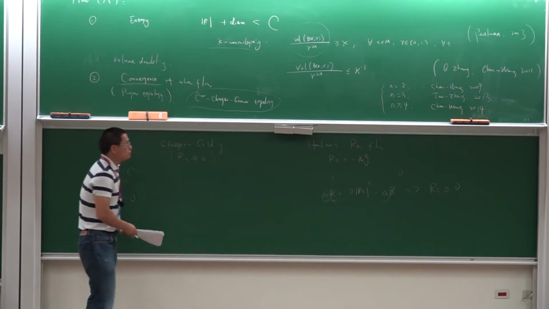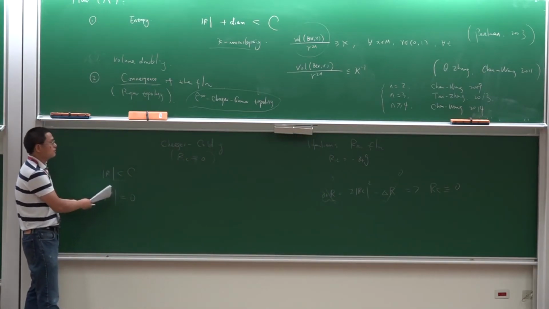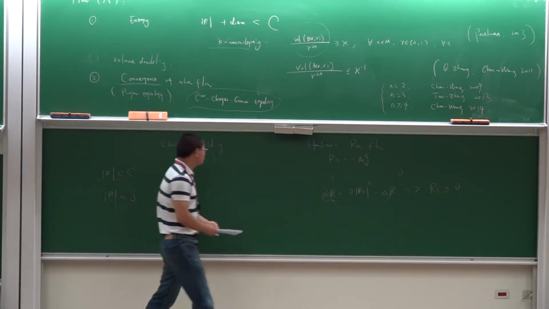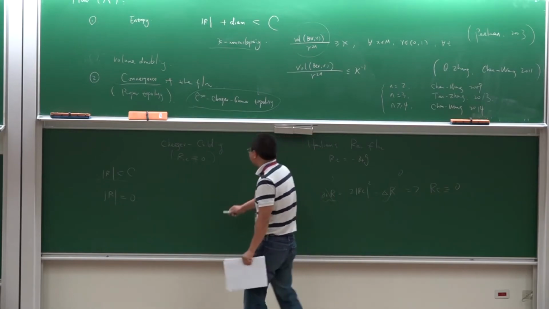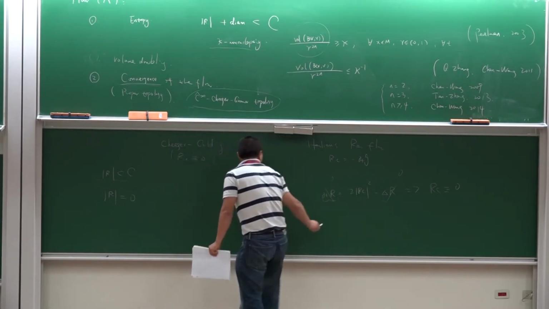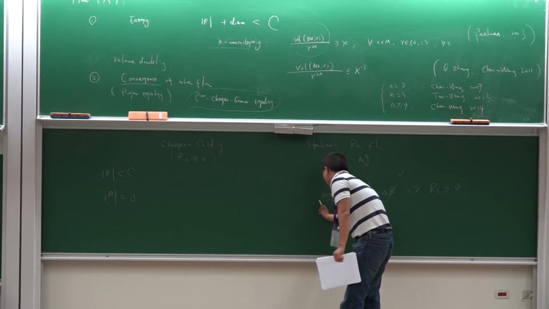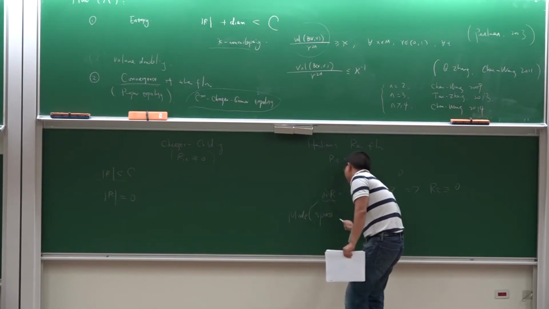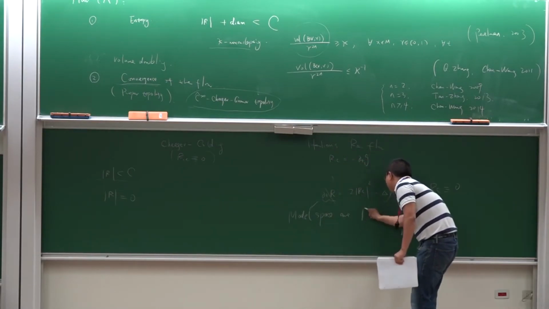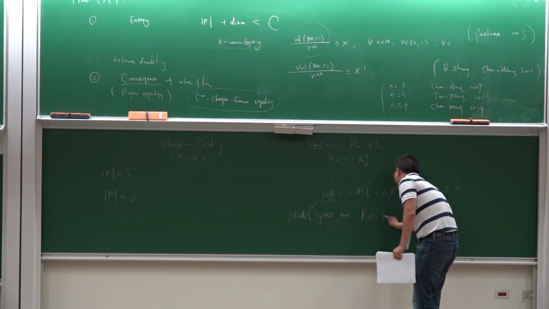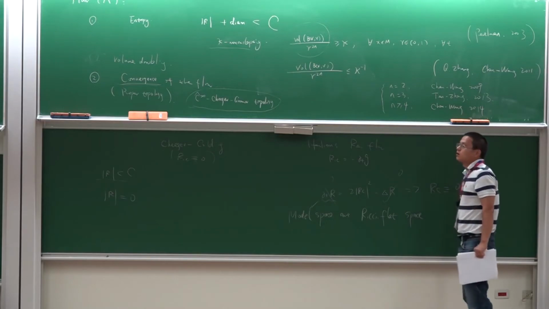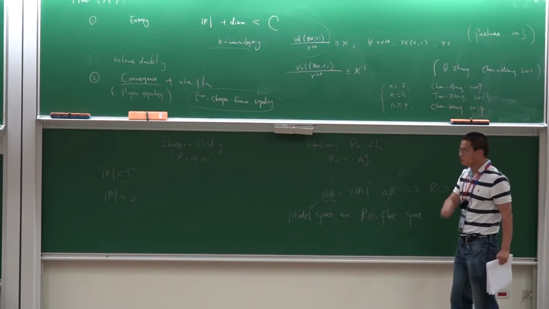So that means you need to first study the Ricci flat space very carefully. But this Ricci flat space should have mild singularities. So we should consider, so this means model spaces are Ricci flat spaces, but with singularities.